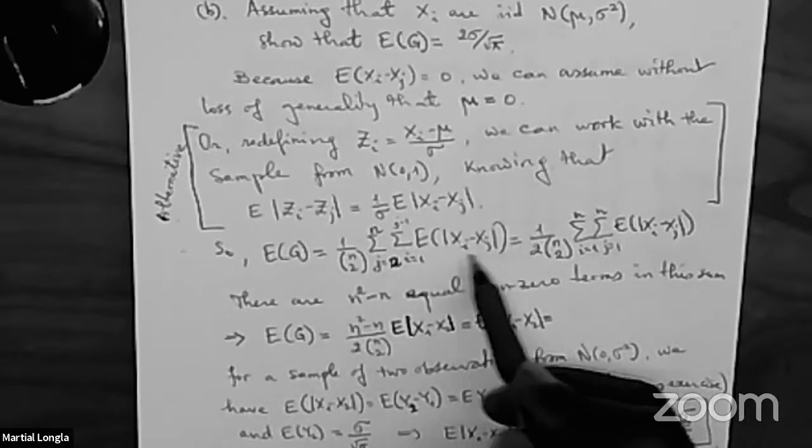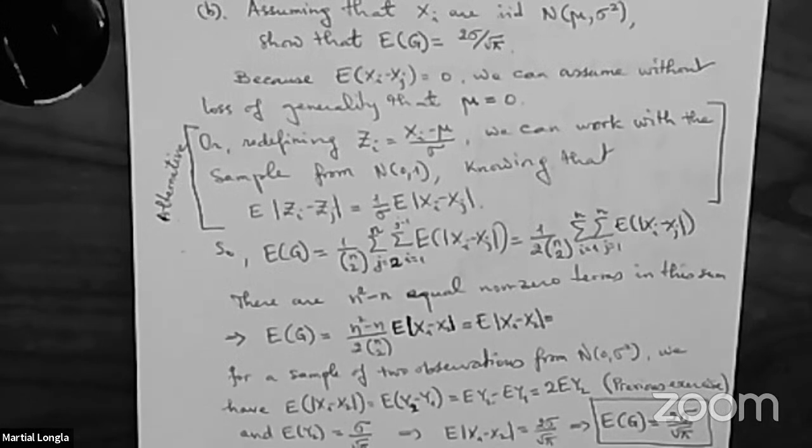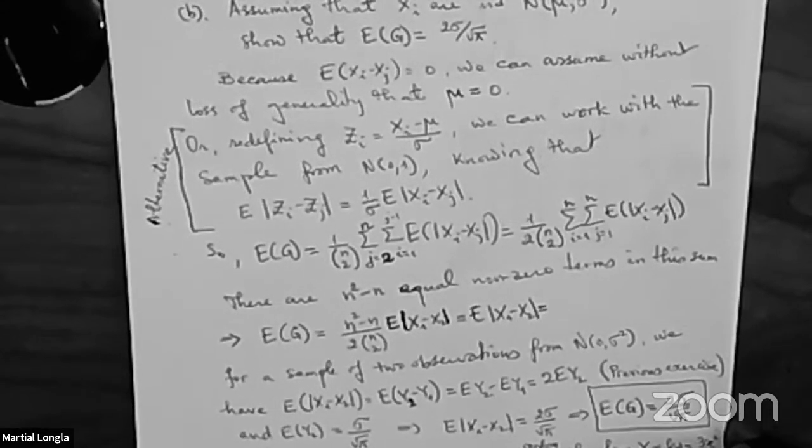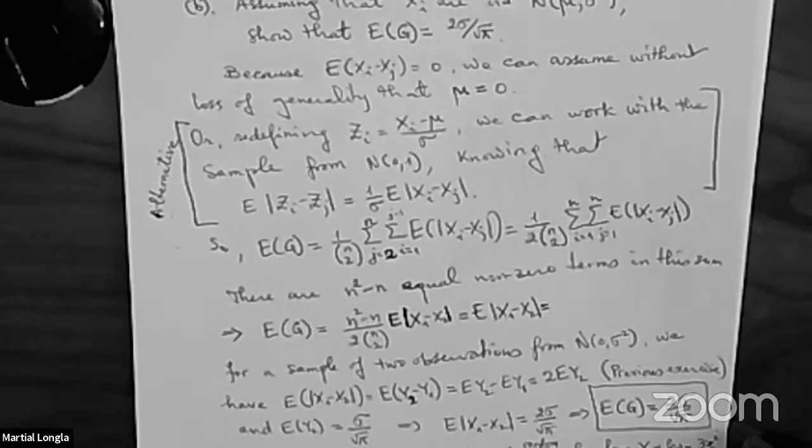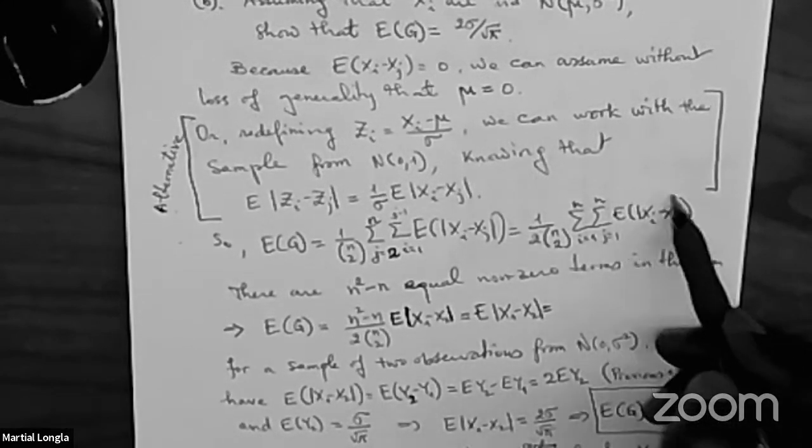And then these expected values are all equal because it's IID. So expected value of xi minus xj are all equal, no matter what is i and j, and i is not equal to j. So they are all equal. Each of these things is equal to the expected value of x1 minus x2.